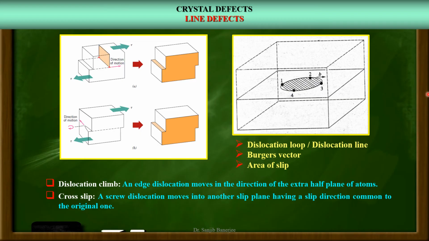Lastly, we introduce two more parameters related to edge and screw dislocation, that is the dislocation climb and cross slip.